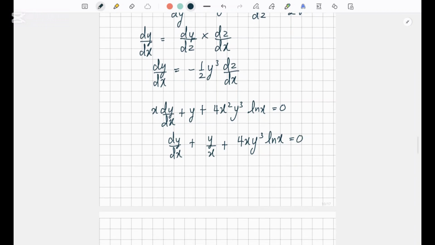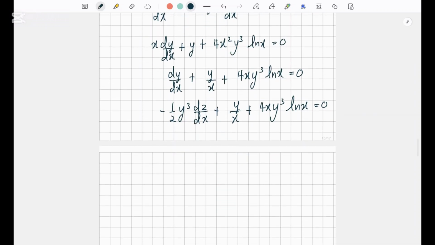Now let's put in our substitution. So now instead of dy over dx, I'm going to put minus half y to the power 3 dz over dx plus y over x plus 4x y to the power 3 ln x equals 0.